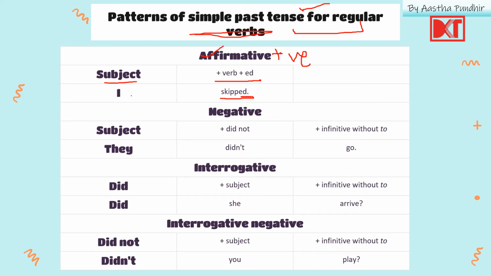Then again negative है. Negative के लिए did not. Subject plus did not, क्योंकि past का हम बता रहे हैं. Did not plus the infinitive without to. Infinitive मतलब the original form of the verb. जैसे they didn't या did not go.